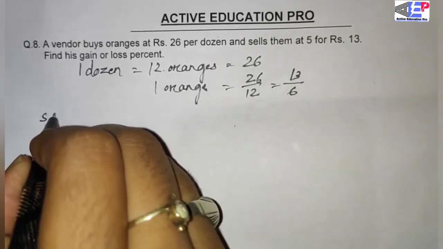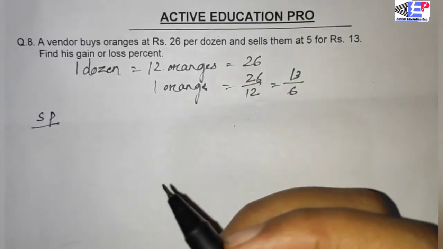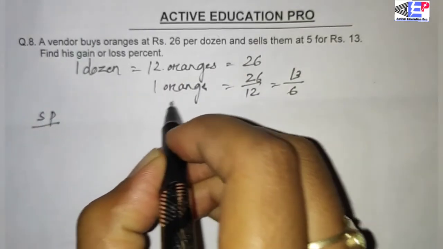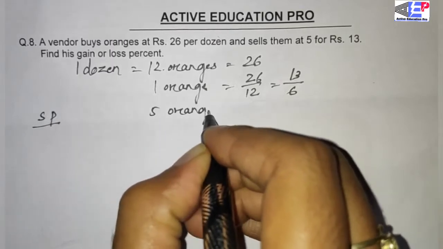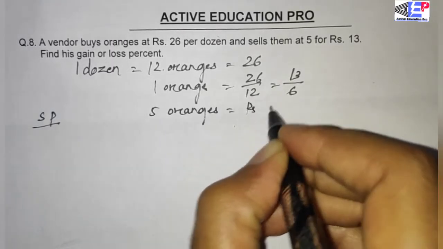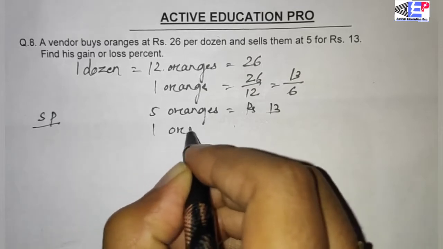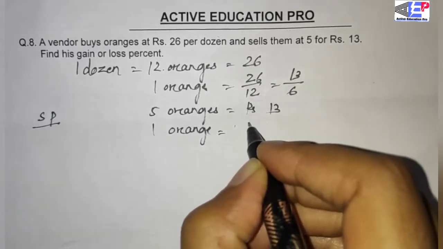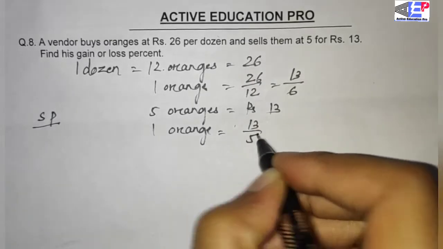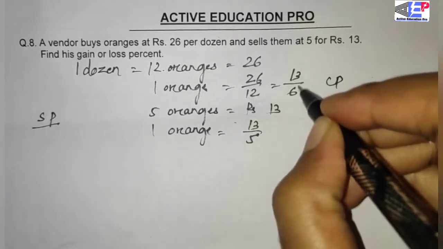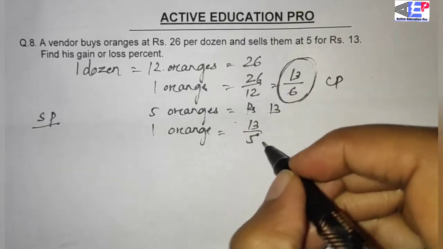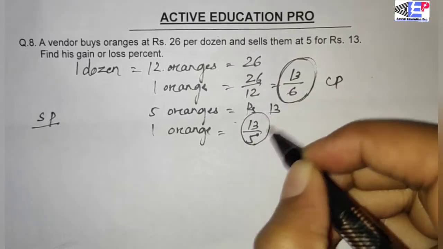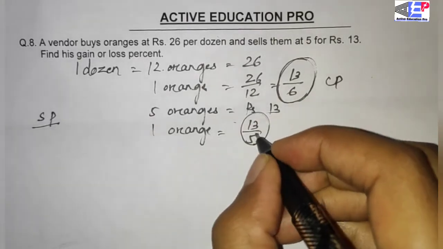Similarly, the selling price: he sells 5 oranges for rupees 13, so for 1 orange the selling price will be 13 by 5. So the cost price of 1 orange is 13 by 6 rupees, and the selling price of 1 orange is 13 by 5 rupees.